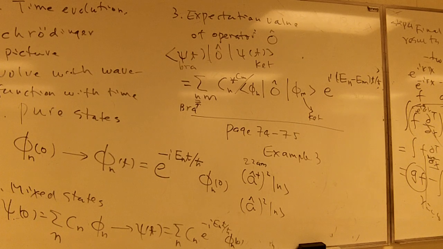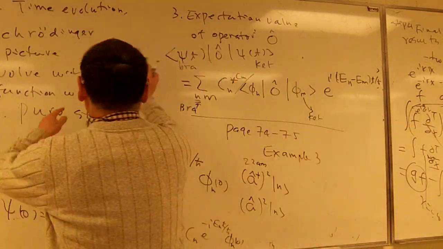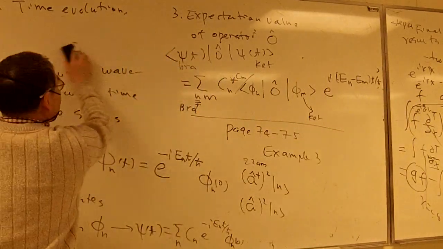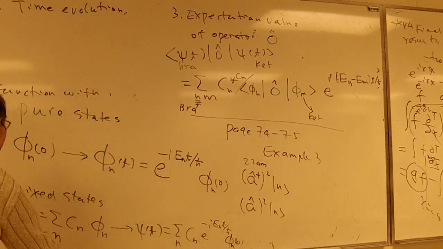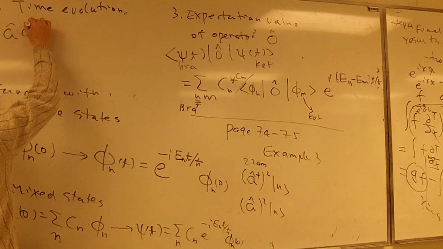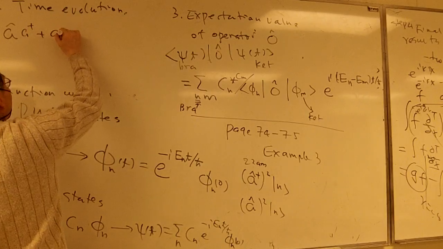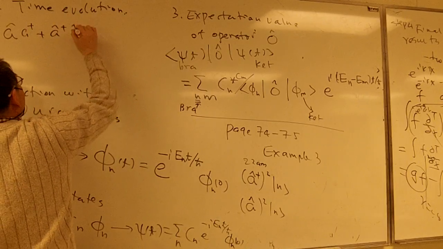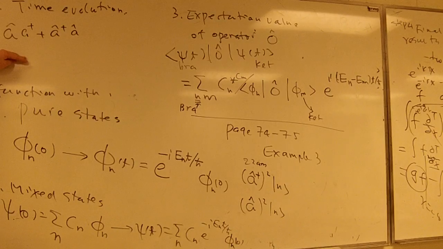So this plus 1 is coming from the fact that I always change a a dagger to a dagger a plus 1. It's a great question. I'm going to write over here. I have a a dagger, so I will have a term like this.